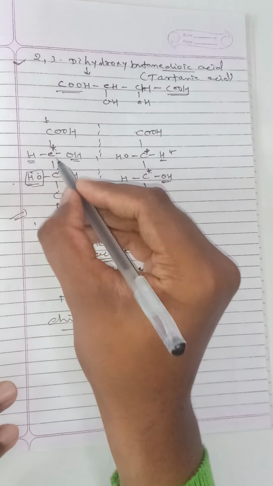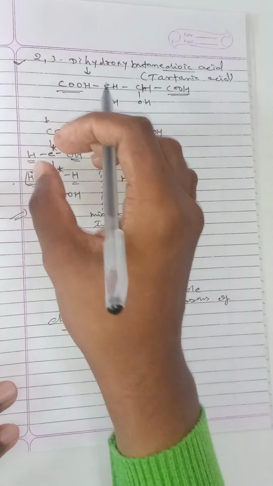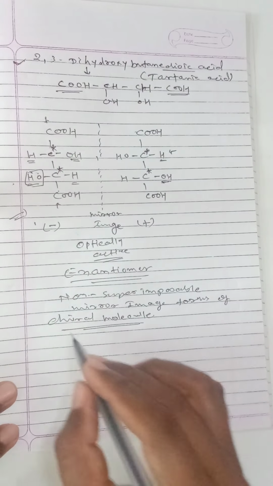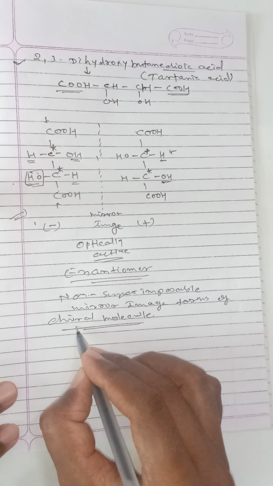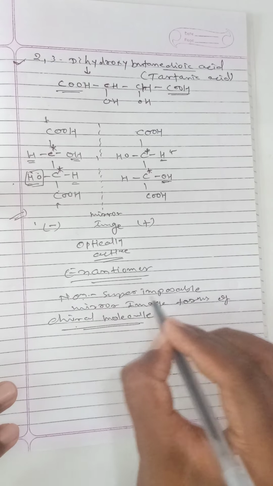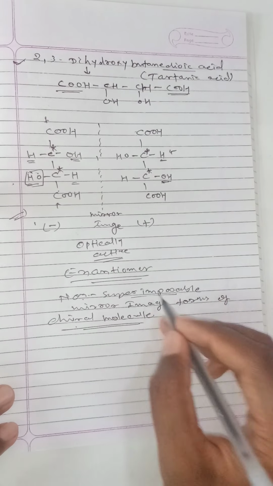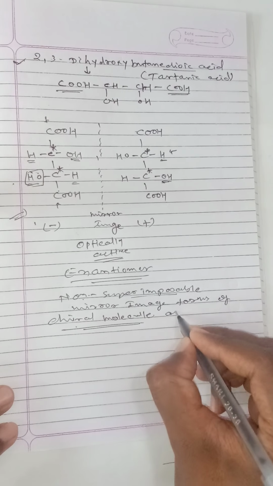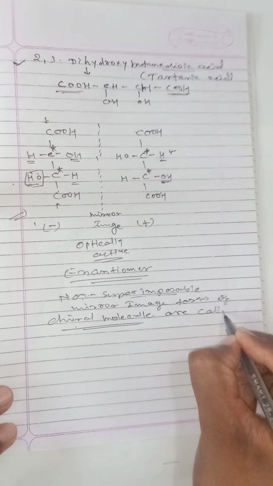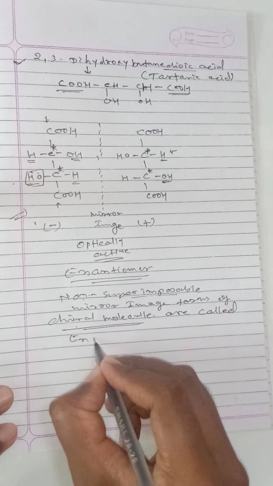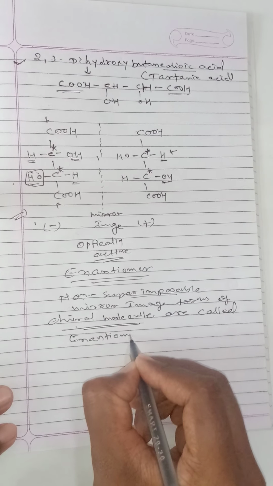Because this structure has two chiral carbon atoms, so it is a chiral molecule, but its mirror image is not superimposable, so these molecules are called enantiomers.